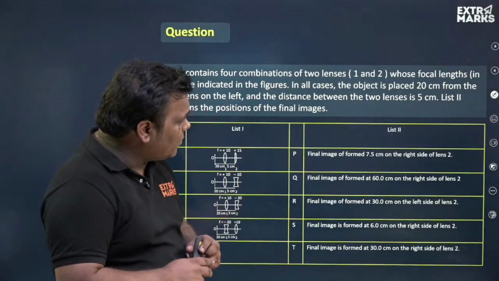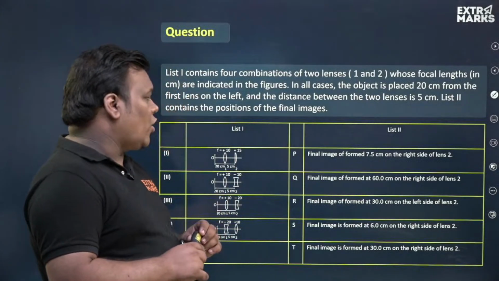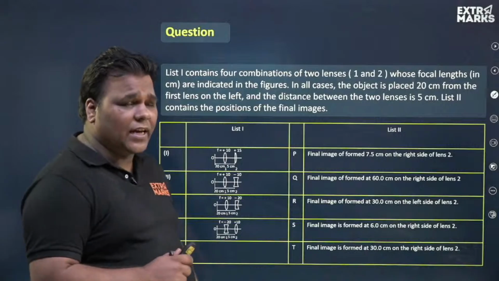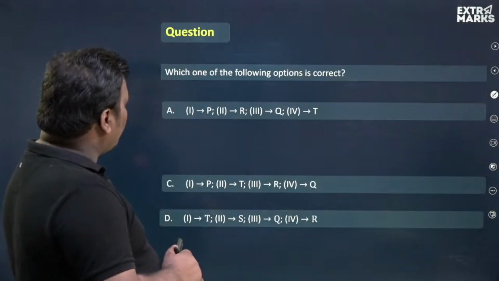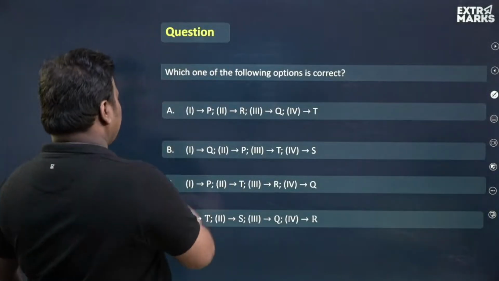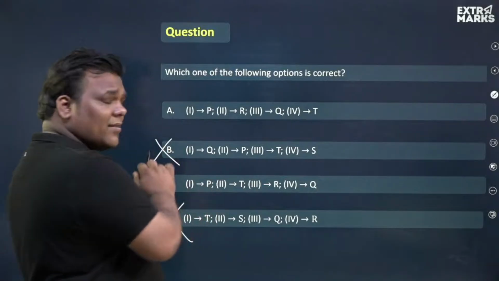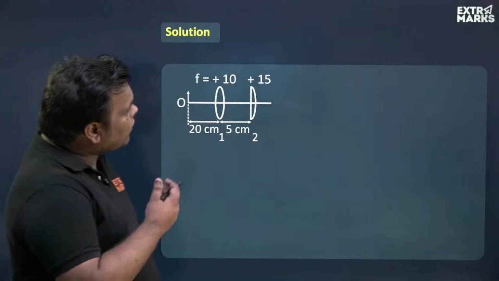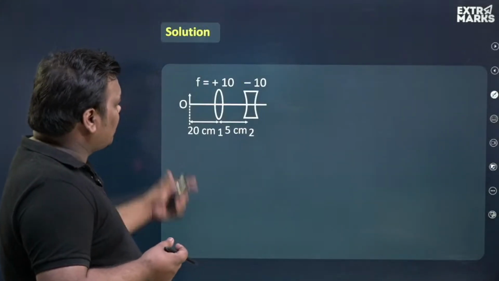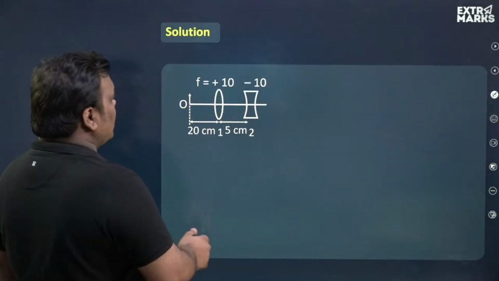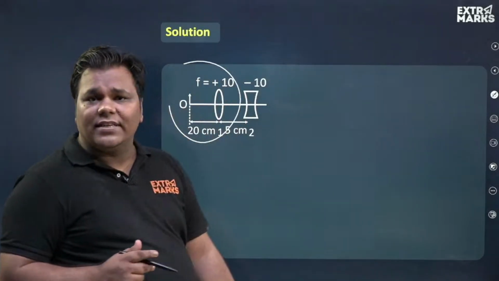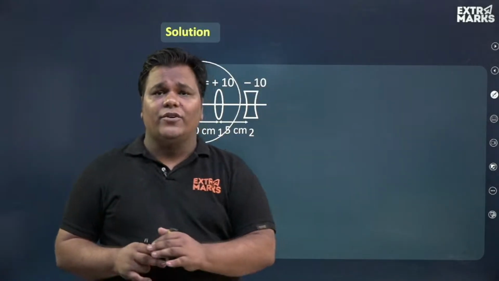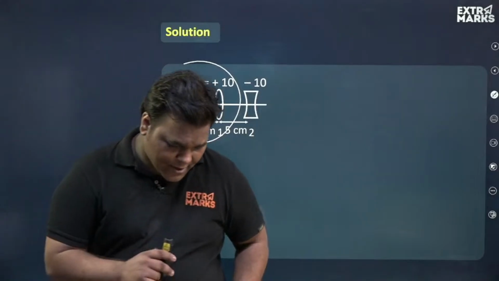Final image is formed 7.5 centimeter on the right side of lens 2, that means option 1, so these two options can be eliminated. And for the further questions, you can always use this type of method. For example, for this one, the data will remain the same for the first lens. For the second lens, you have to do the calculation, right?